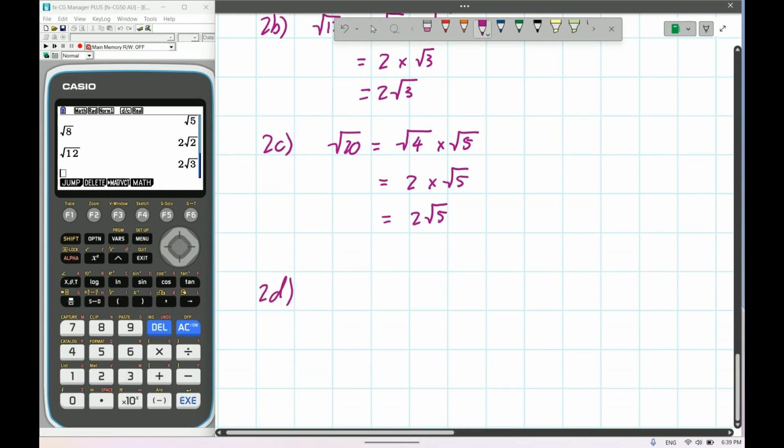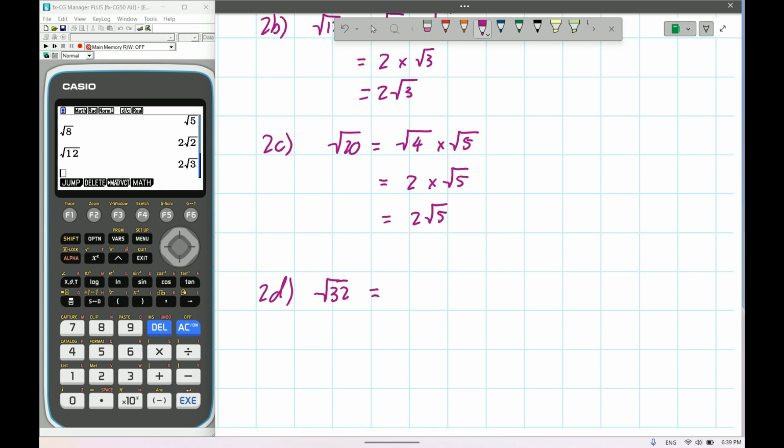2d, root 32. So there's a few ways that we can break this down. I'll show both ways. The first way you could do it is by doing a 4 and an 8. Yeah, and this would give you good results because square root 4 will be 2 times square root 8.